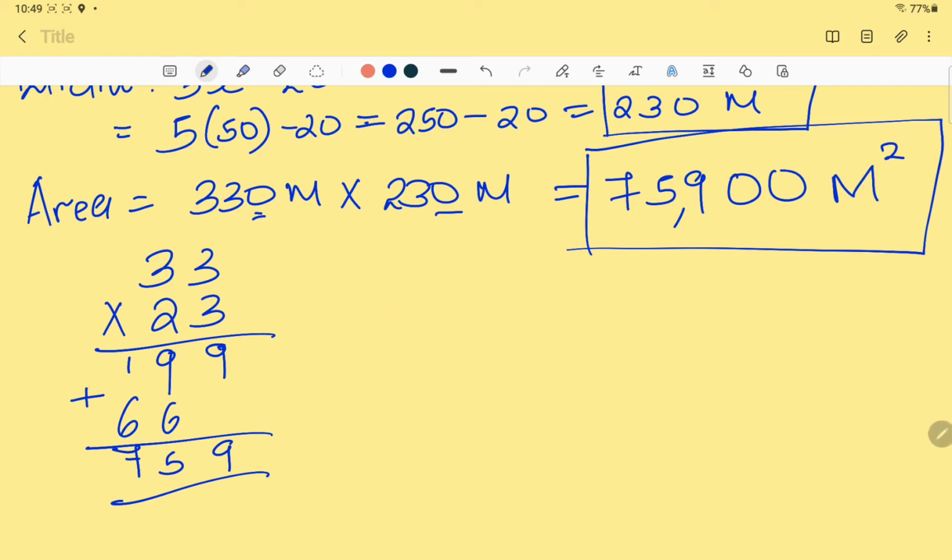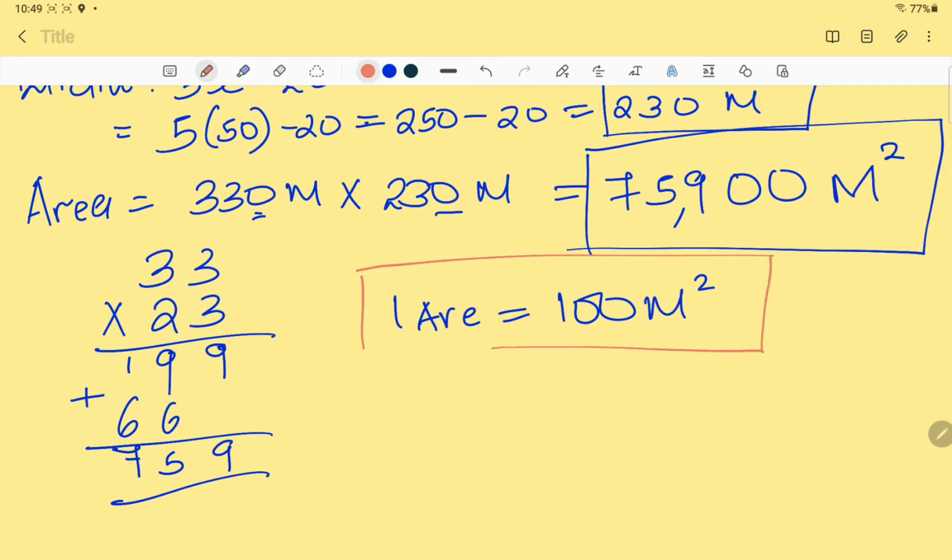So 1 hour is equal to 100 meters squared. This is very important to remember, and we can also go through the units in another lesson.